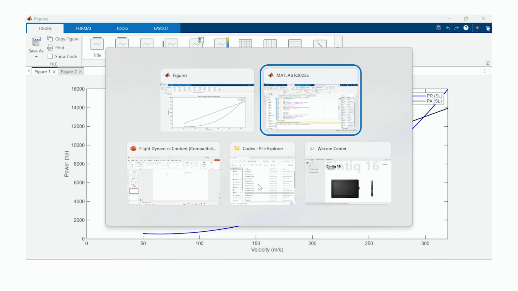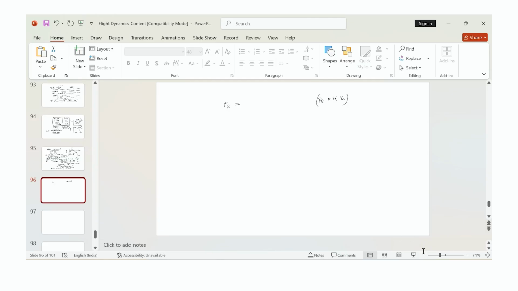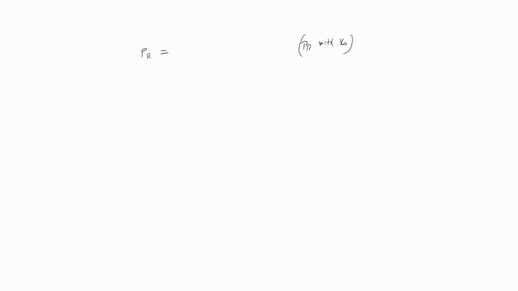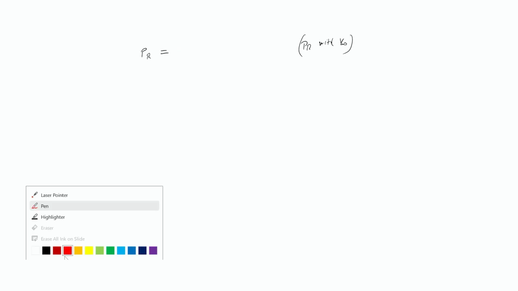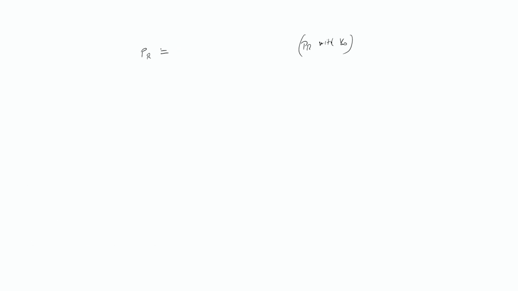Let me go back to the slide. So power required we are getting here as approximately 1800 horsepower at 150 meters per second.